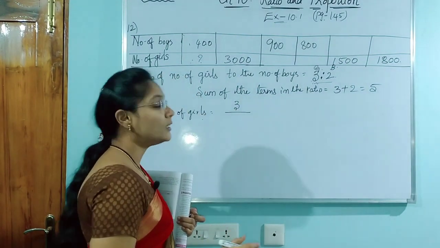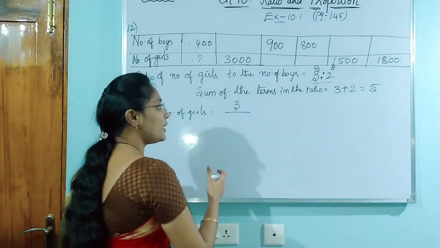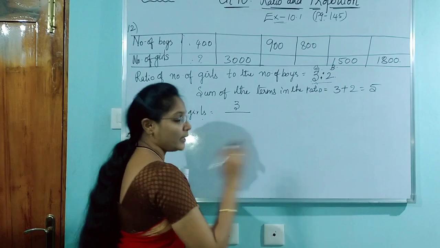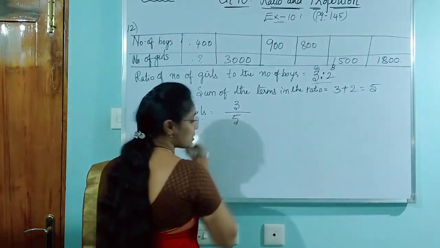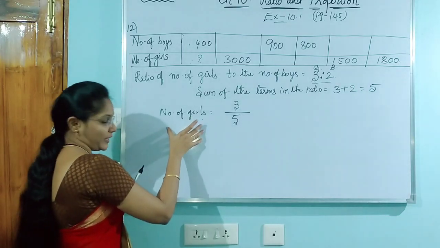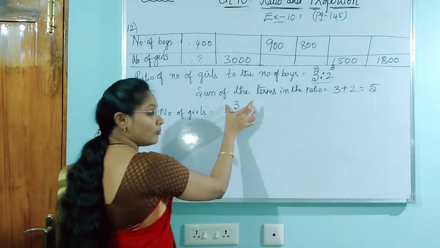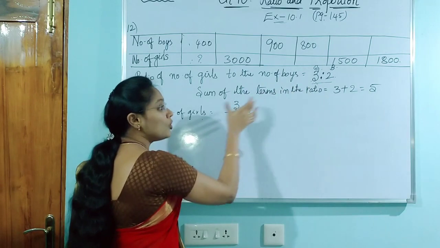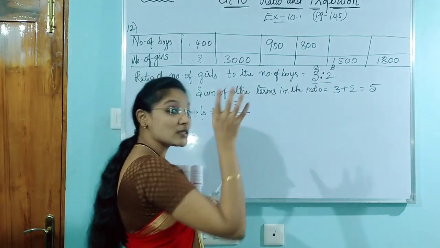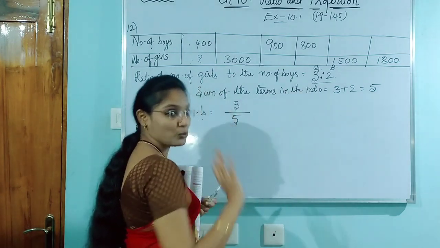So the girls term we write as the numerator. Then the denominator is what? The sum of the terms in the ratio, which is 5. Remember, the term you are going to find out is written as the numerator. The denominator is the sum of the terms in the ratio.